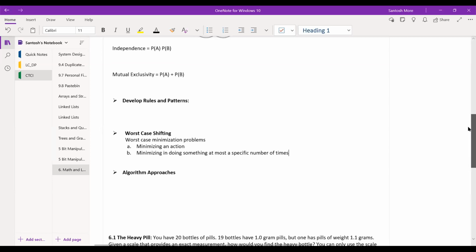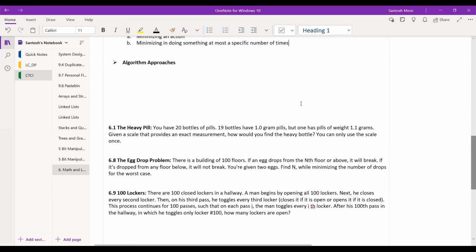So now we'll just go through some of the problems. I think these are some of the ones which are very easy also. So one is about the heavy pill.